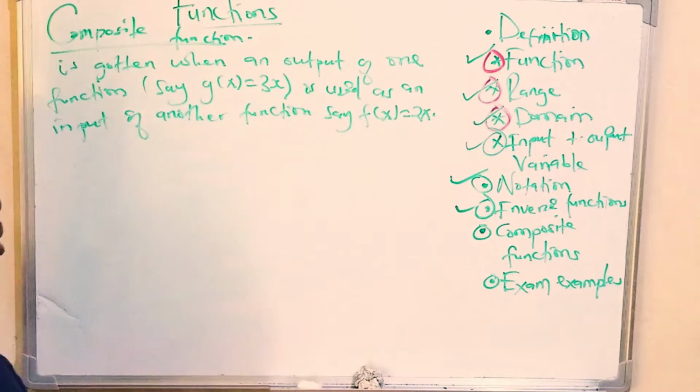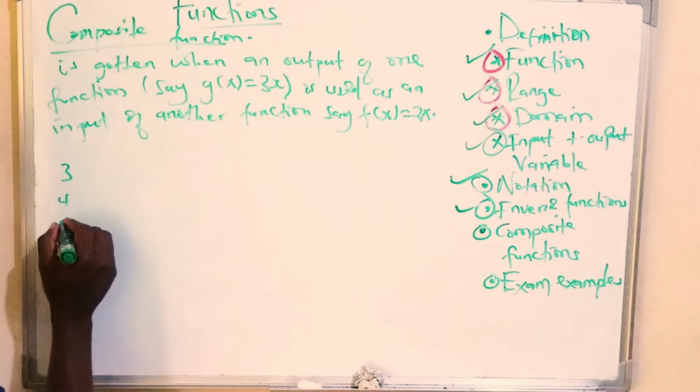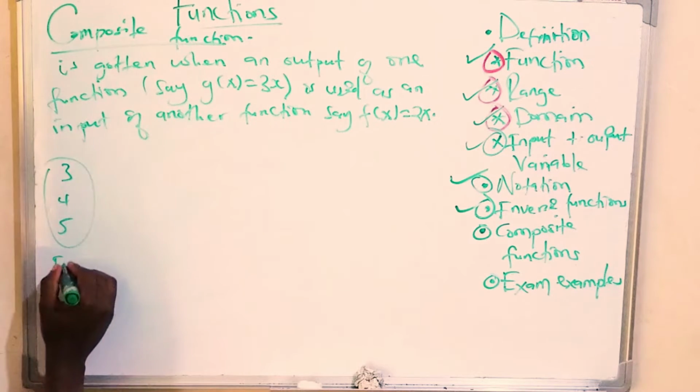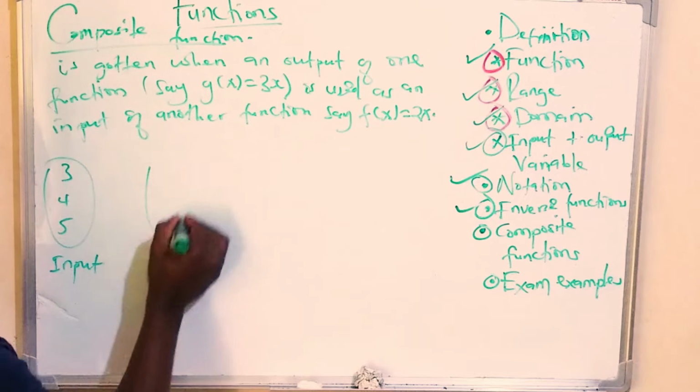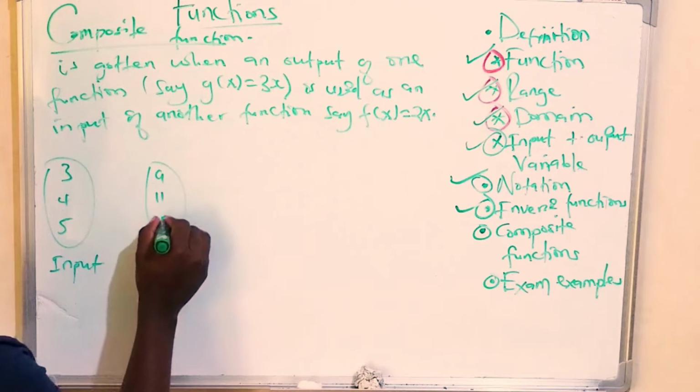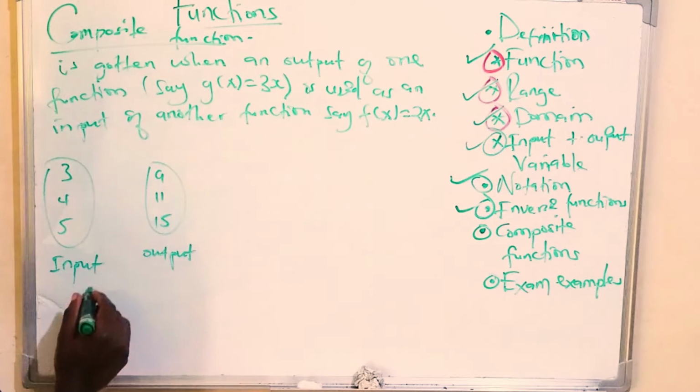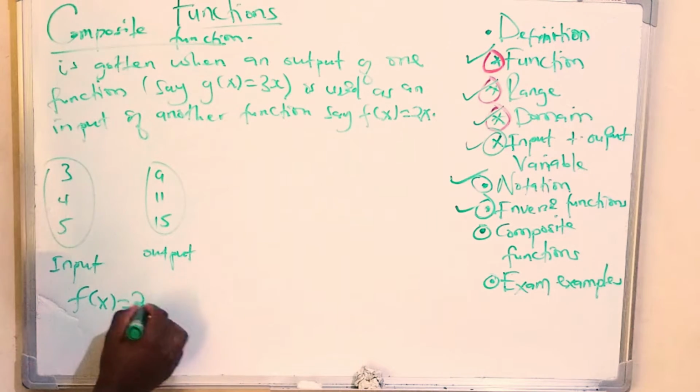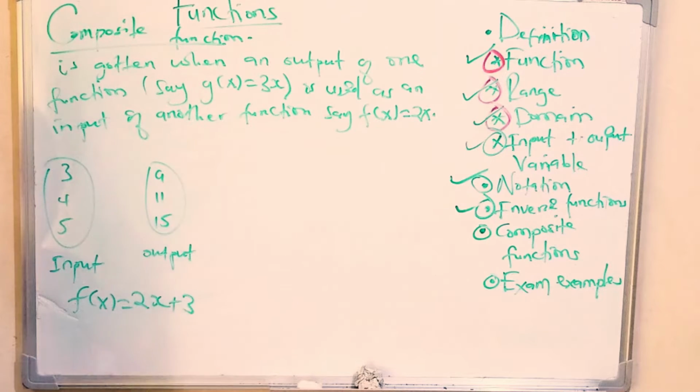So the way we had gotten values at the beginning, like 3, 4, 5 for the input, and for the output we had gotten 9, 11, 15, that was for the function f of x is equal to 2x plus 3.